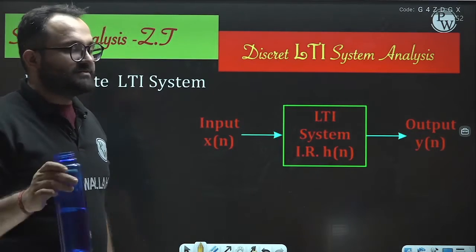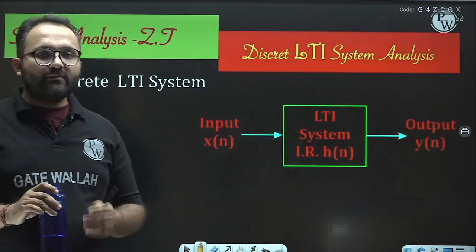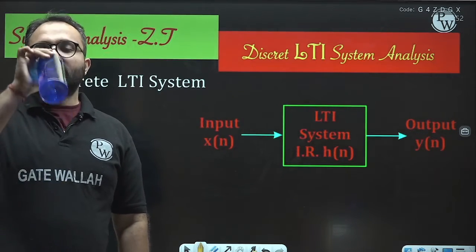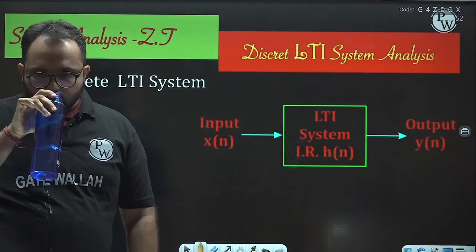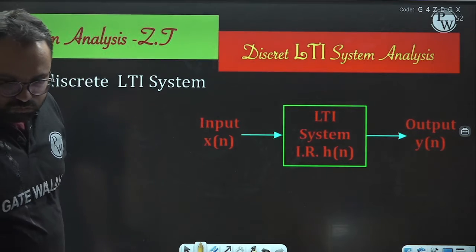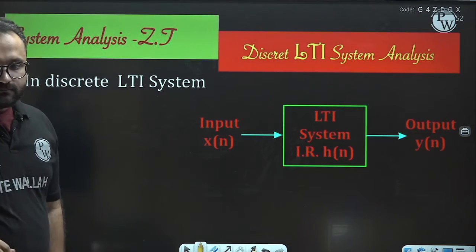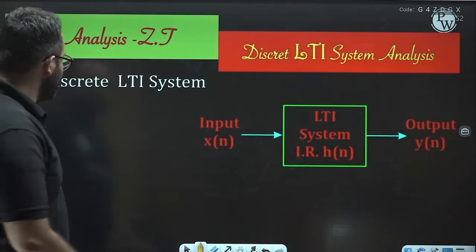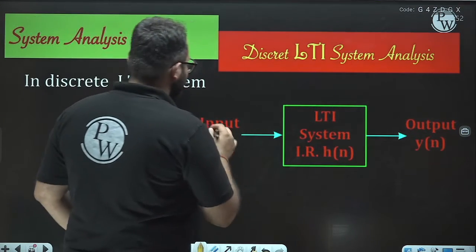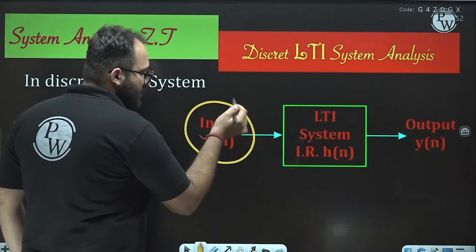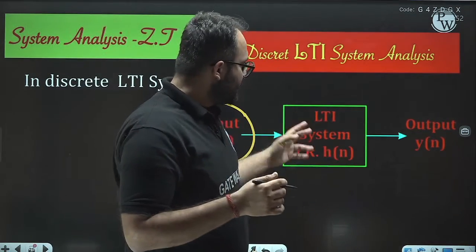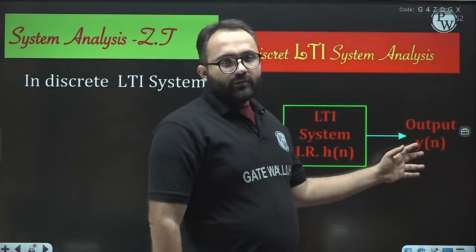If you link Z transform with Laplace, you will be very much happy because most of the properties are exactly similar. Okay, so in discrete time LTI system, input is x[n], the system has the impulse response h[n], and the output is y[n].